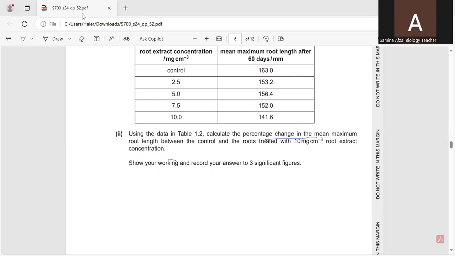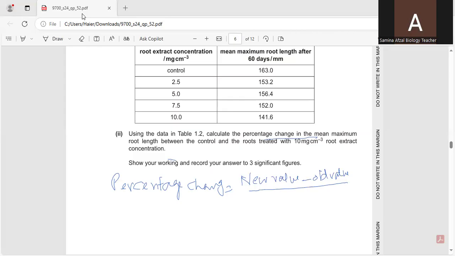I'm going to write the formula first, and we will put the values into it. Percentage change is equal to the new value minus the initial value, or you can say the final value minus the old value, divided by the old value, into 100.